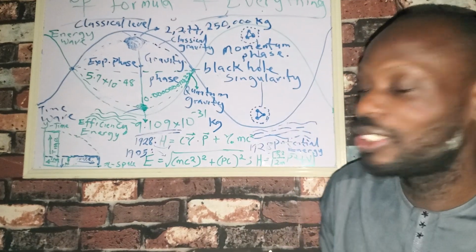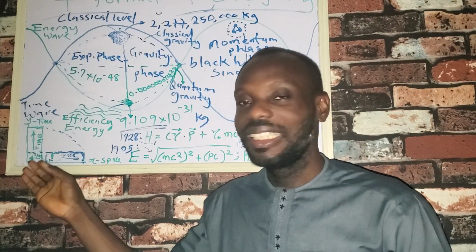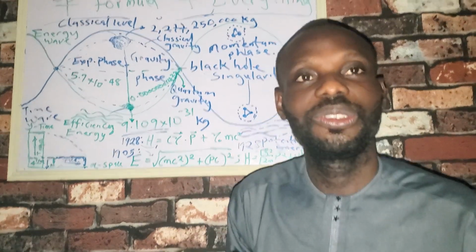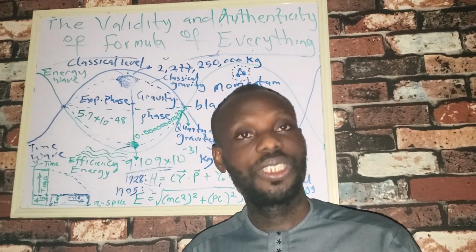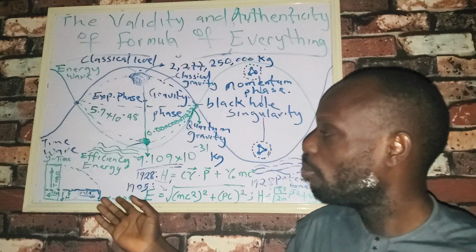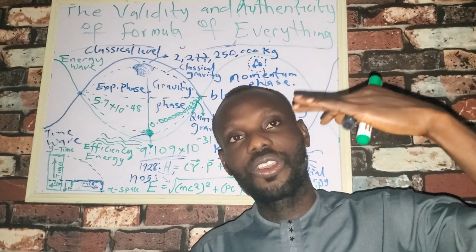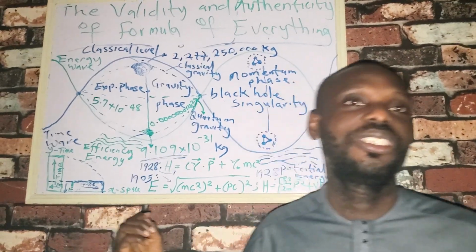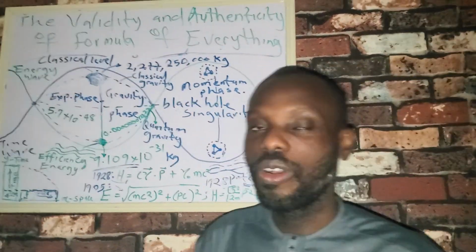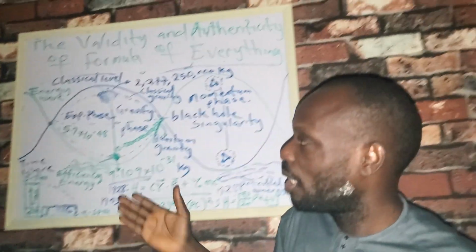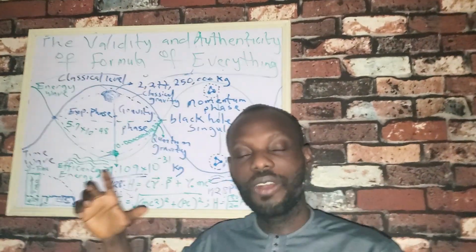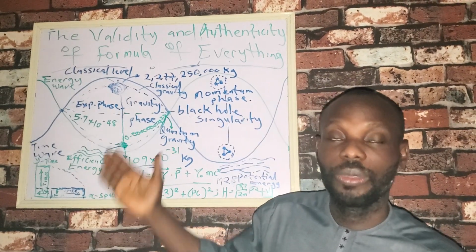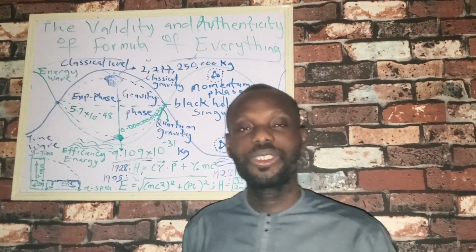The number two challenge is that space-time is not the ideal structure of the universe, because it doesn't model the expansion of the cosmos the way it ought to. That's another challenge they have in their equation. And thank God, by God's grace, I could figure out those problems in my formula of everything and the time energy wave model.